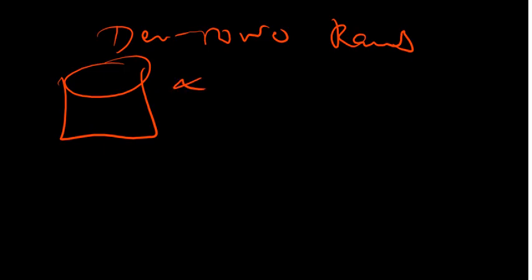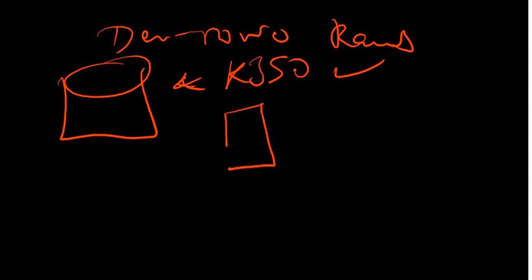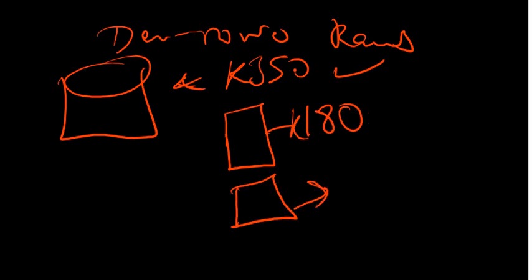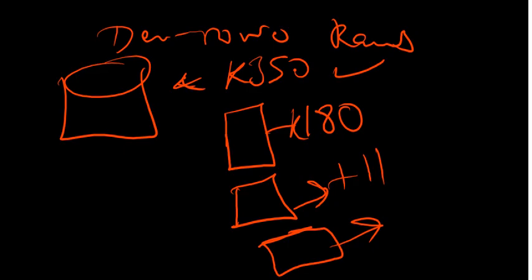Okay, a perfect example I can give you is if you want to buy a cake that costs 350 kwacha, it's cheaper than actually buying baking powder that costs about 180 kwacha. You're also buying milk that costs about 11 kwacha. You want to buy a baking pan that's probably costing maybe 100 kwacha.